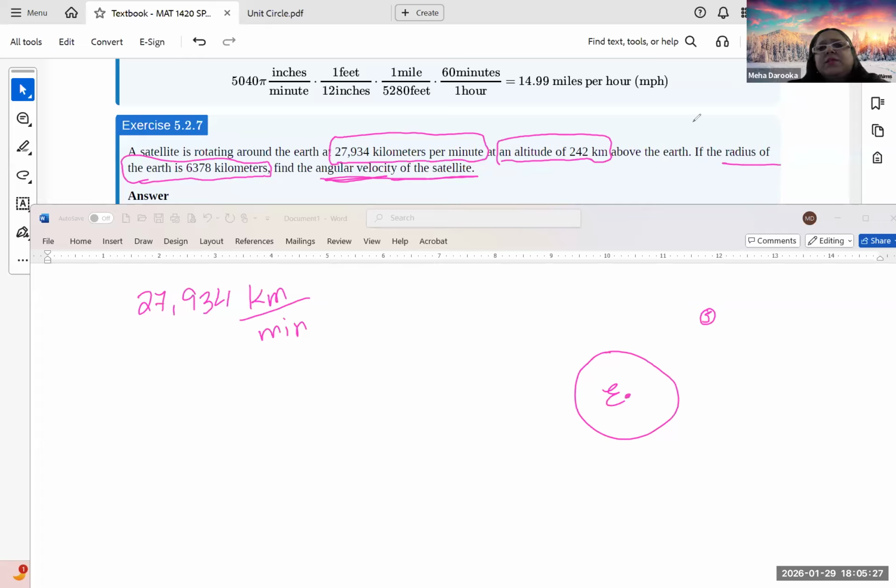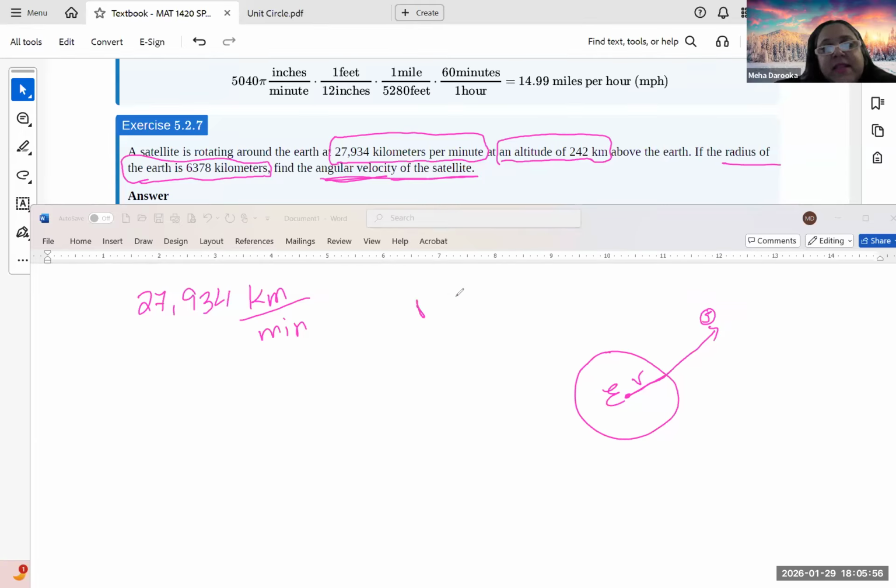Now, guys, we are assuming that the Earth is circular, right? Instead of its elliptical shape. Yeah, very good, Nathaniel. That's exactly what you need to do. So we first need to find the total distance from the center of the Earth to the satellite. You will be taking the radius of the Earth and adding the distance where the satellite is.